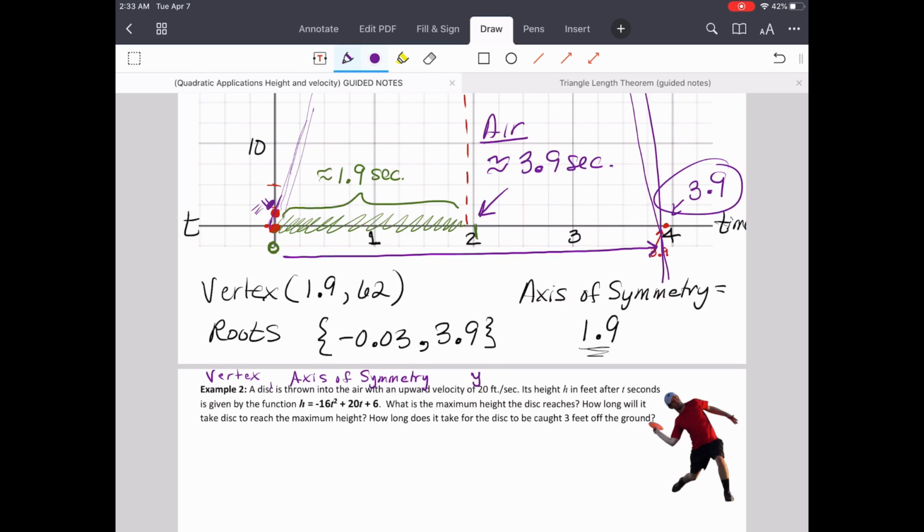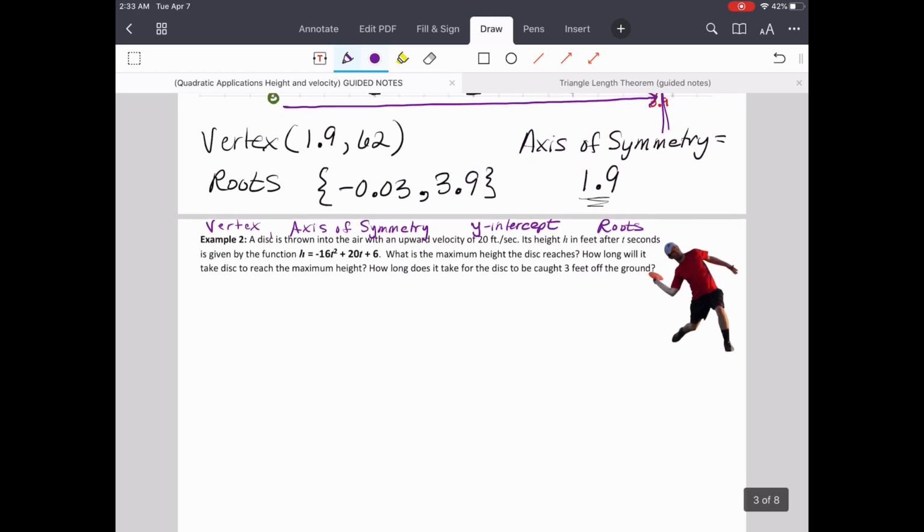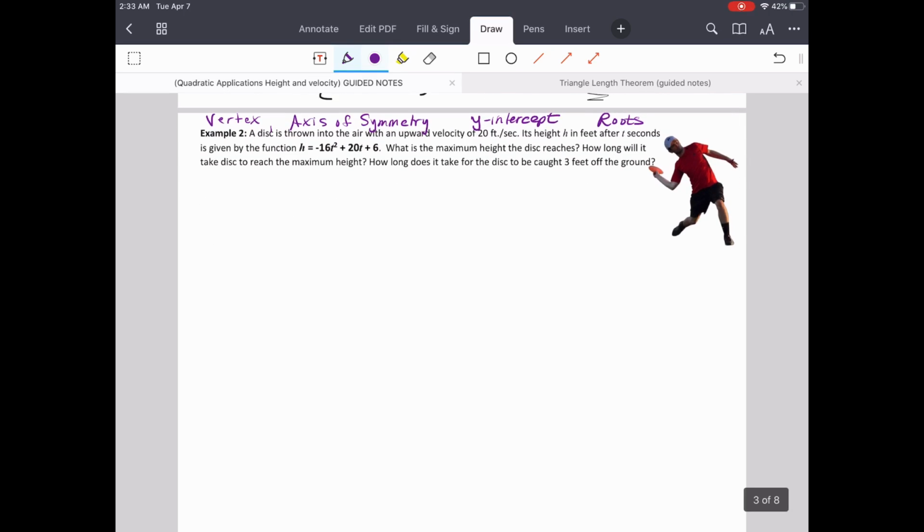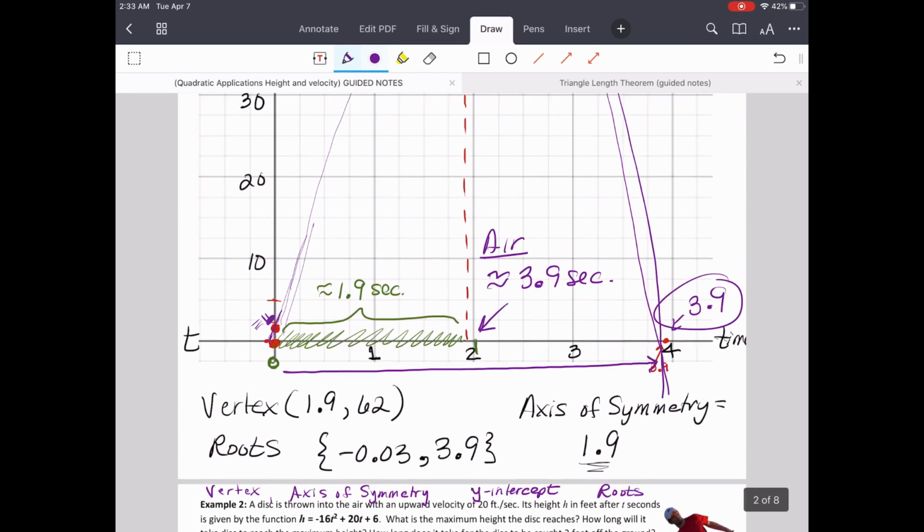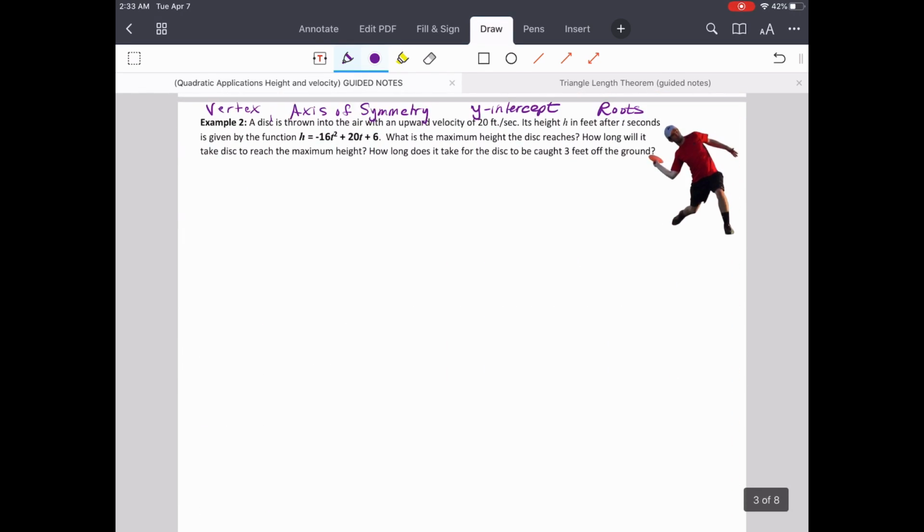The y-intercept, which is basically just your constant. Figure out all those points, figure out your roots, and then you're going to have enough information to graph it and solve it. But why don't you go ahead and pause it and see how everything compares to what I got on mine. Hopefully I do mine right. Let's give this a go.